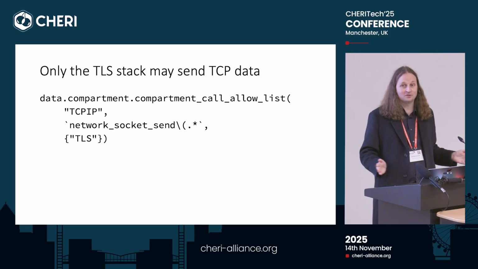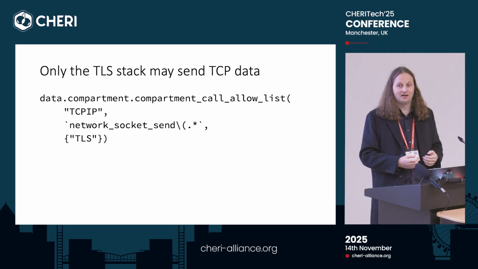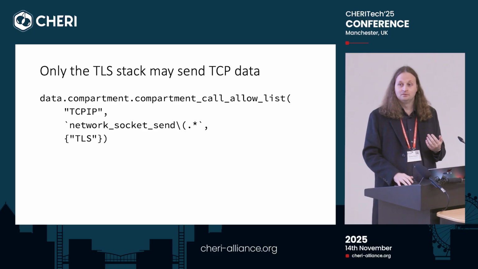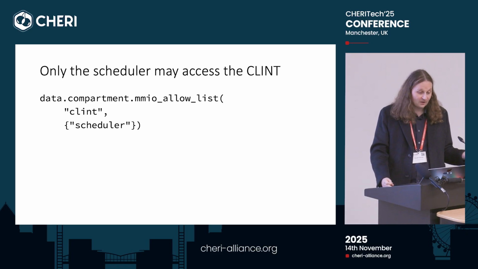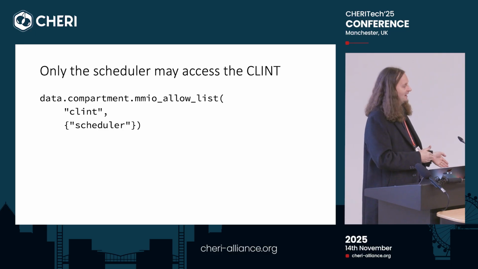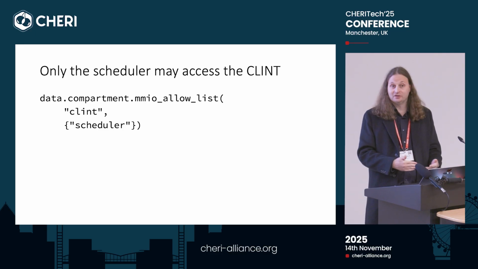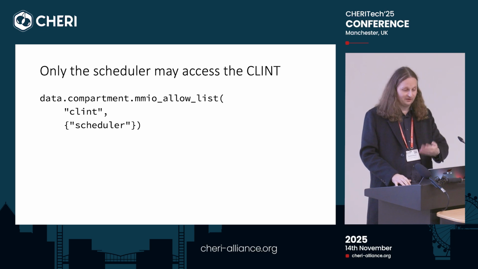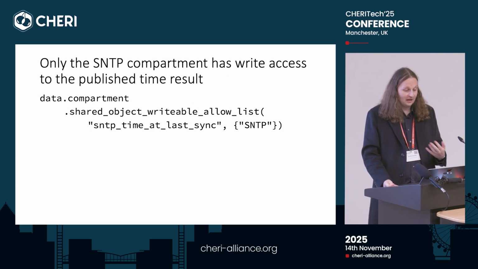And if anything else calls it, policy fails. And just like Prolog, the answers are yes or fail. Similarly, your core local interrupt controller probably shouldn't be accessible by anyone except the scheduler. So again, that's a thing that you can write in your policy.